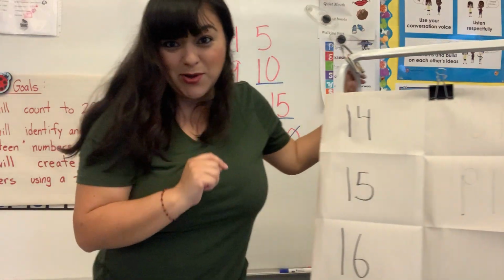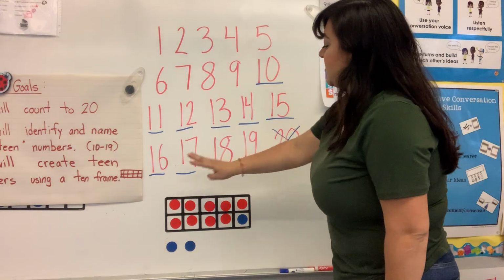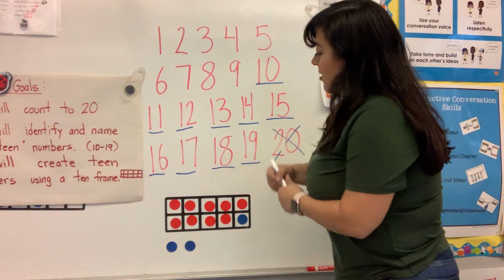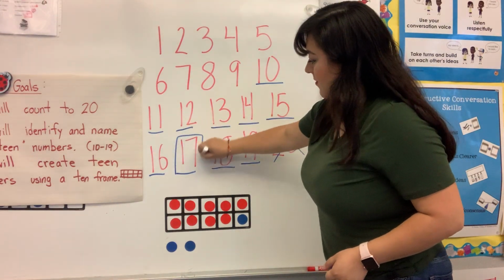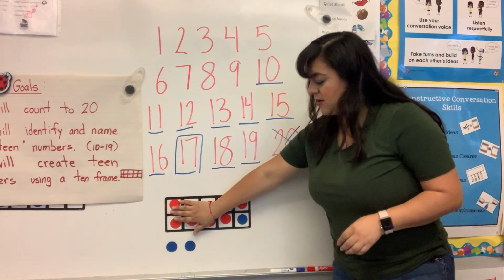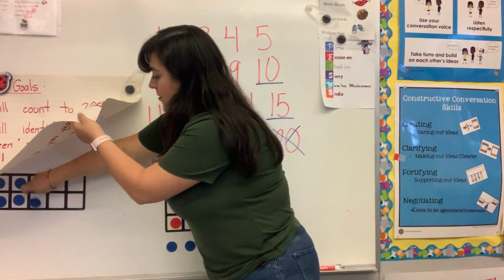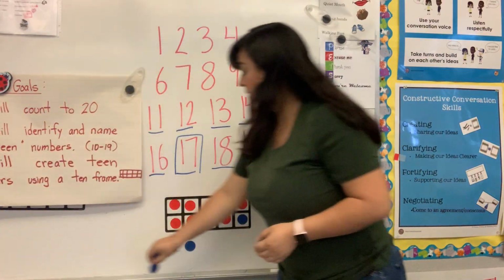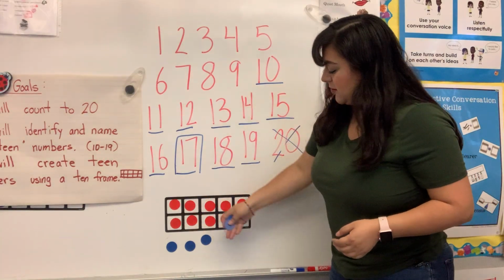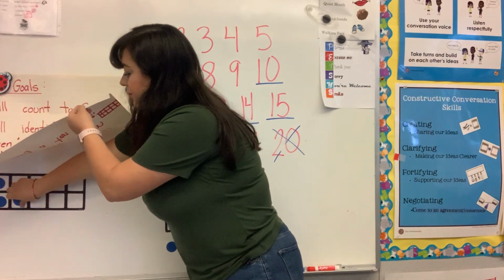So I'll help you out one last time. Let's say you're on number 17. I'm going to do 17 with my 10 frame here. 10, 11, 12. Let's keep going. 13, 14, 15.